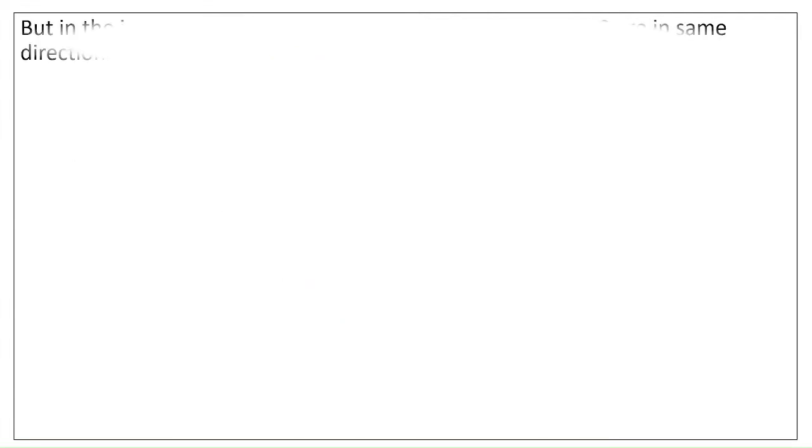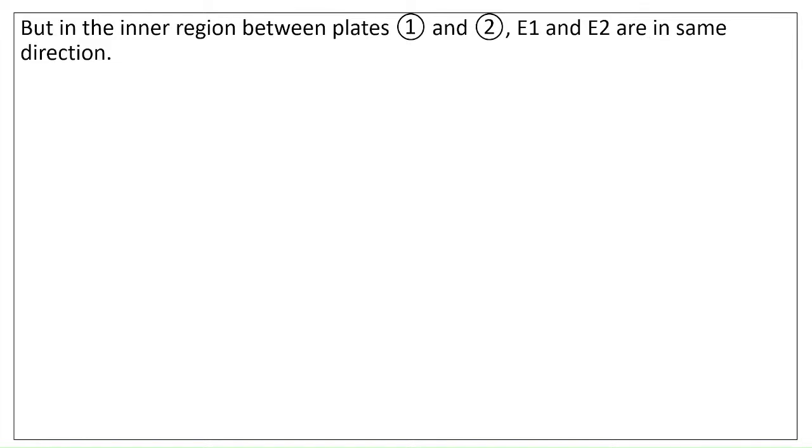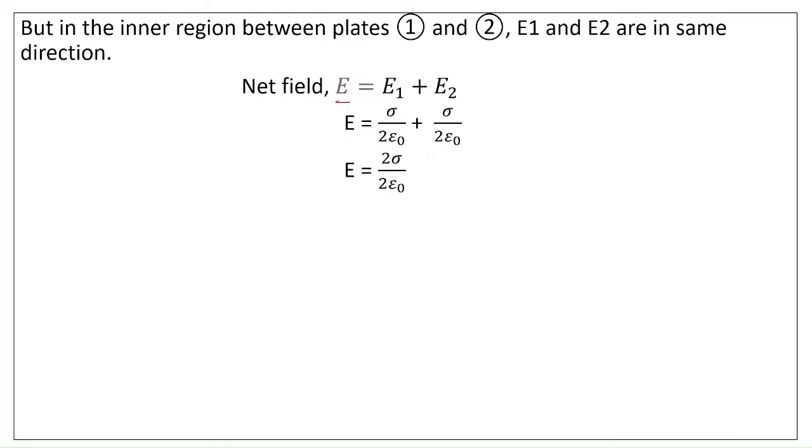Similarly, in the inner region between plates 1 and 2, E1 and E2 are in the same direction. Therefore, net field E is equal to E1 plus E2. On substituting values, that is, E is equal to sigma by 2 epsilon naught plus sigma by 2 epsilon naught.